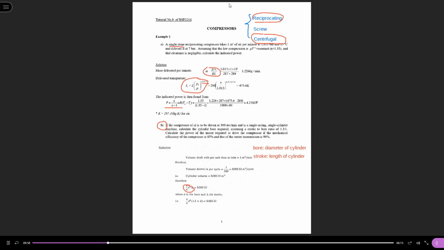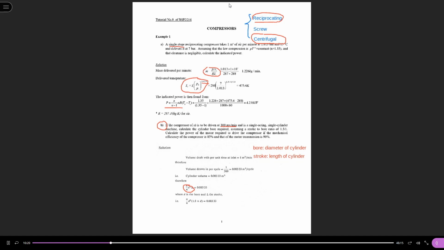When the compressor is driven at 300 revolutions per minute, that means one revolution cycle, and in 1 minute there are 300 revolution cycles.